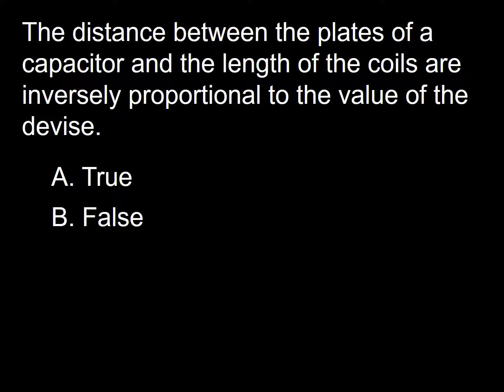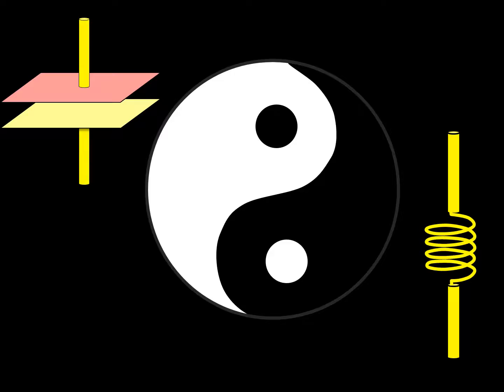Next question. The distance between the plates of a capacitor and the length of the coil are inversely proportional to the value of the device. A. True. B. False. I like to think of induction and capacitance as the reverse of each other.